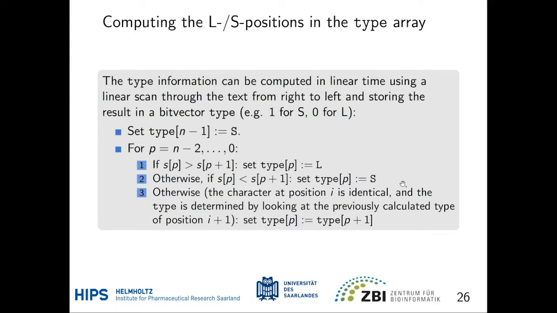If it is smaller, then we can directly define it as an S position. Otherwise, if the characters at position P and position P plus 1 are identical, then we just set the type of position P equal to the type of the next position. And you can make sure that in this case, the array type will be defined correctly.